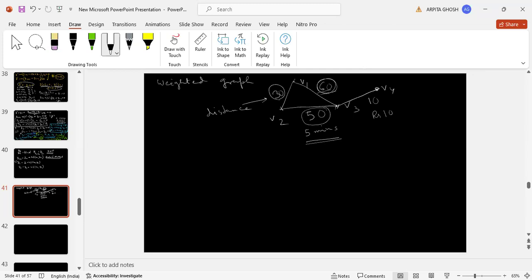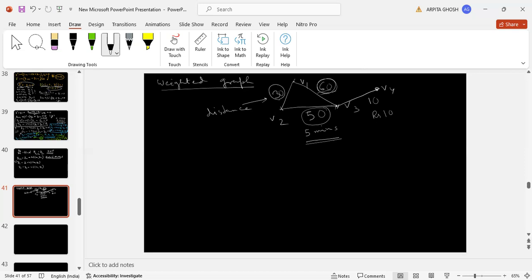In that case, we call that graph a weighted graph. Most of the time it will be the distance between 2 points, but it may be something else also. Weighted graph means all the edges are associated with some real number.